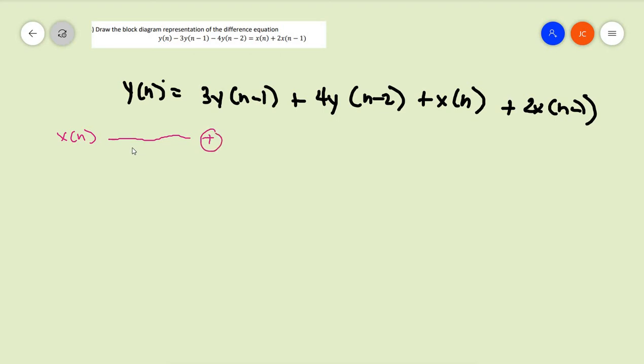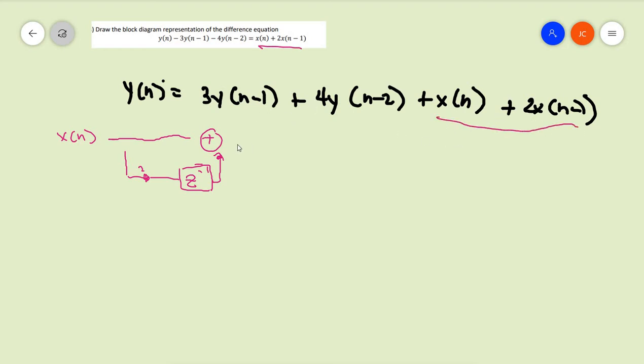That's the plus. However, we have this 2 x of n minus 1. So 2, and then a delay of z to the negative 1. So we've dealt with this one.